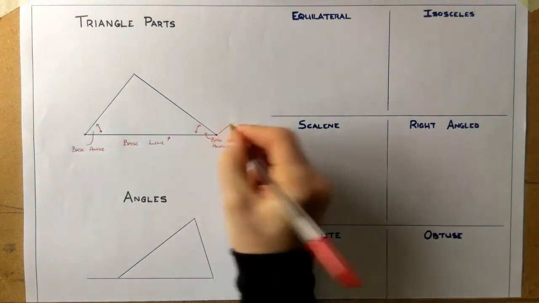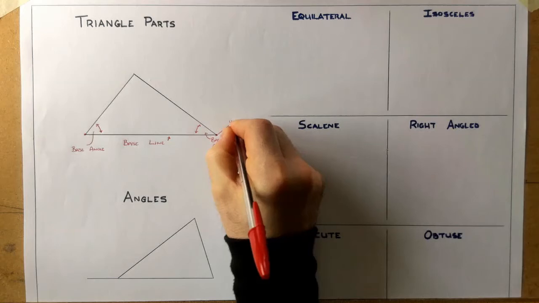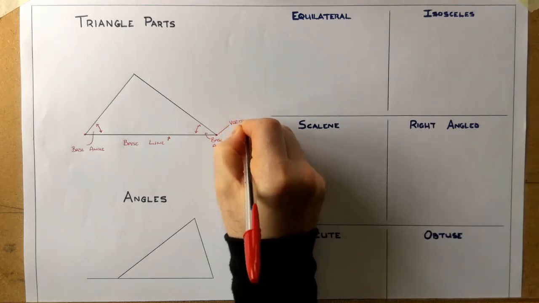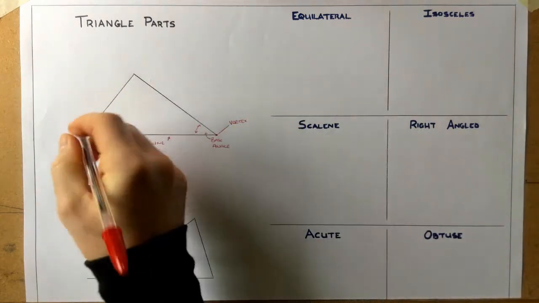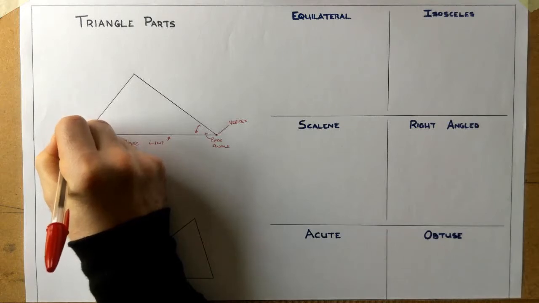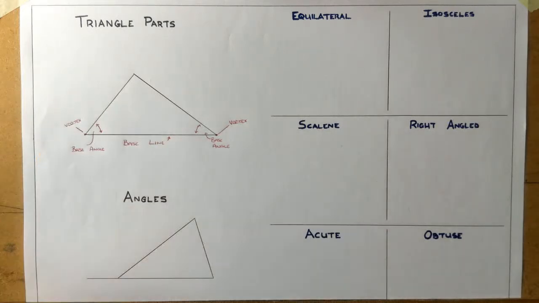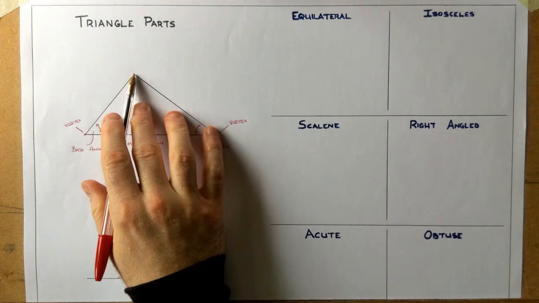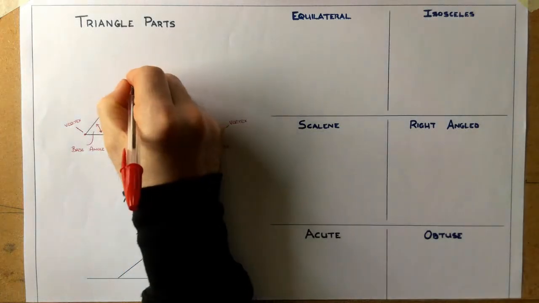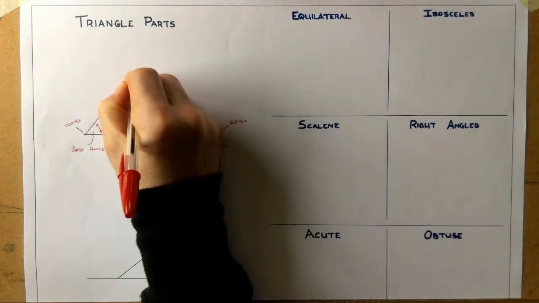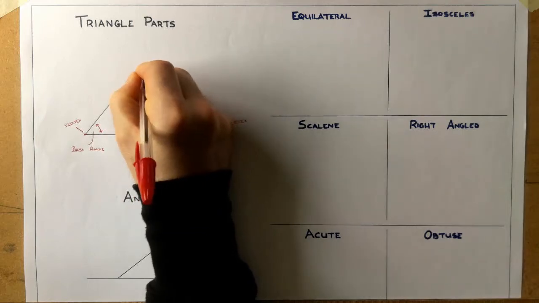This one is called a vertex, V-E-R-T-E-X. This one, the exact same, vertex. And then the top one, it is a vertex, but generally the one at the top we call the apex. So that one right up there, very important, is called the apex.